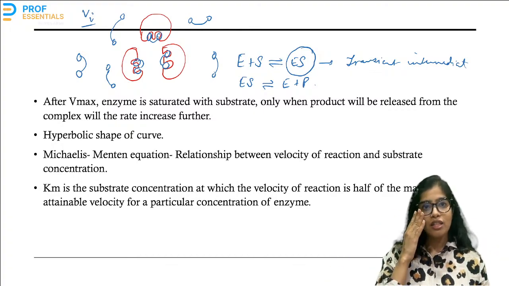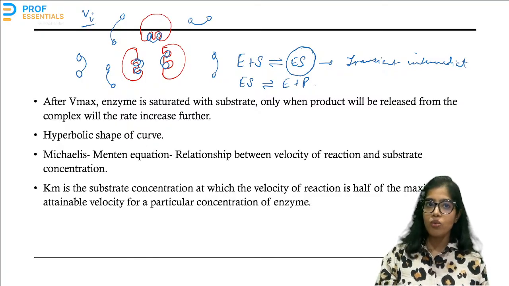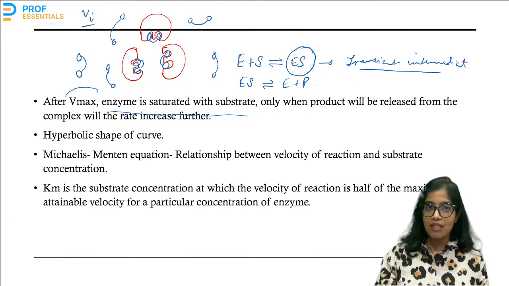So the rate of the reaction at this saturation stage, where all the enzyme molecules are saturated with the substrate and the transient intermediate is formed, is Vmax, that is, maximum velocity. That is the rate of the reaction at this stage.